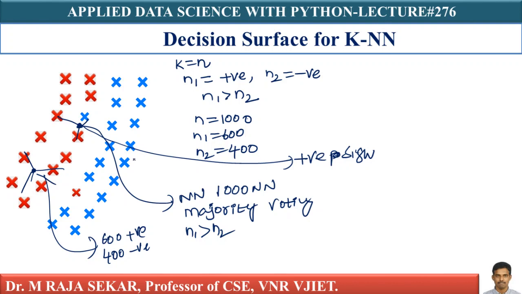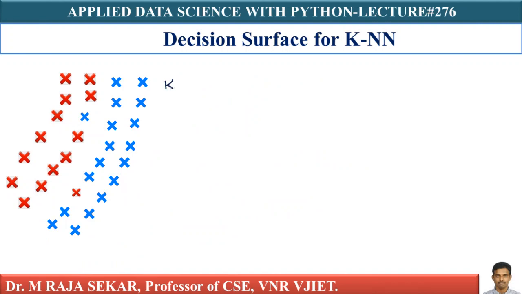So with this worst case, what happens when k equals 1? What happens when k equals n? It is important to understand.